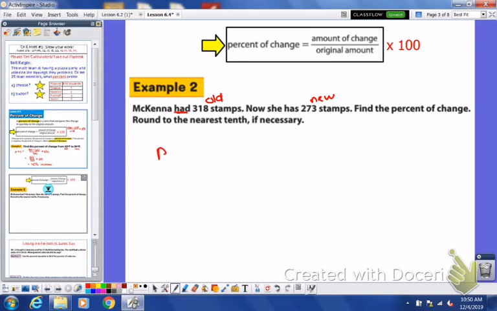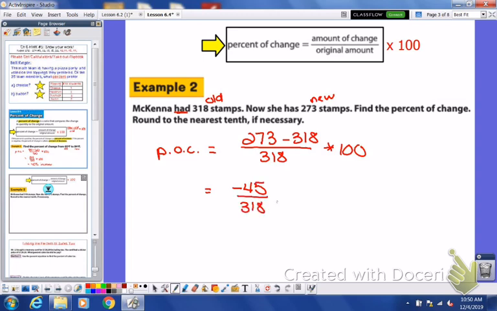So percent of change equals our new minus our old over our old times 100. So 273 minus 318 gives us a negative 45 over 318 times 100.